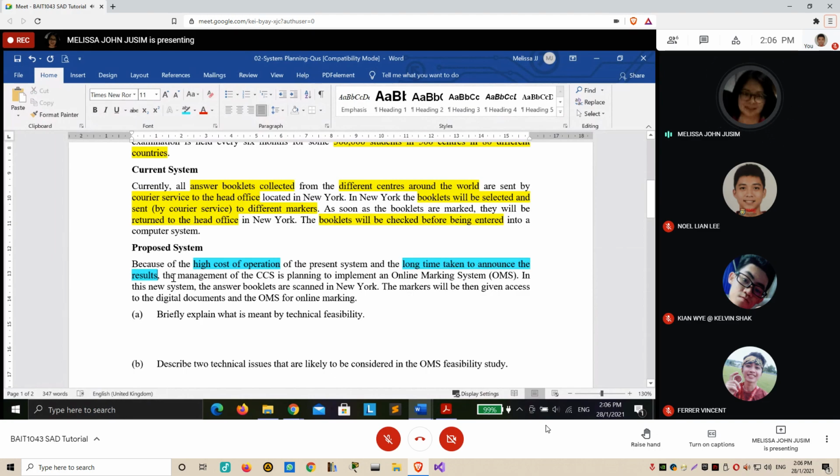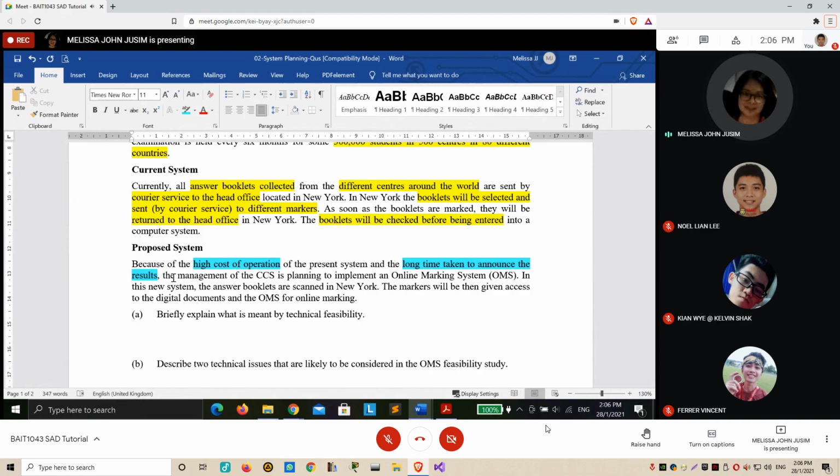So when they need to announce the results, it is for their members, right? If the members are not satisfied with the long wait, then it affects the service.